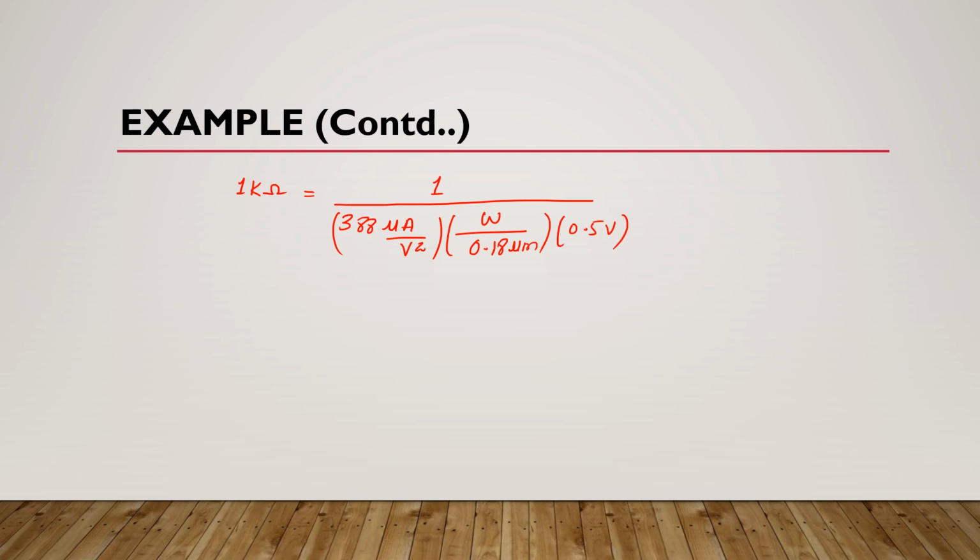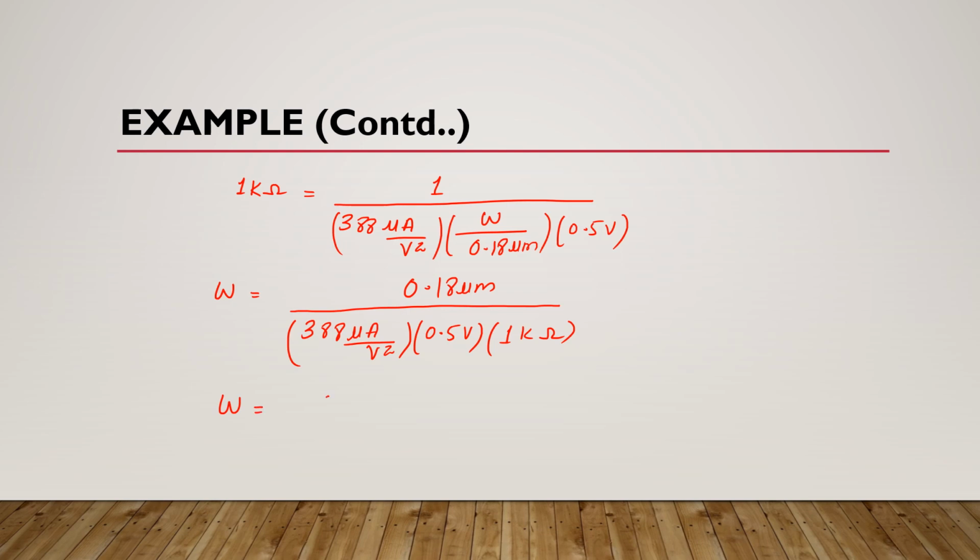Now if we rearrange this equation, we get W is equal to 0.18 micrometer divided by 388 microamperes per volt square multiplied by 0.5 volts, and here we have 1 kilo ohms. Okay, after solving this you will get 0.93 micrometer, which is the width of the channel. So this is your answer.